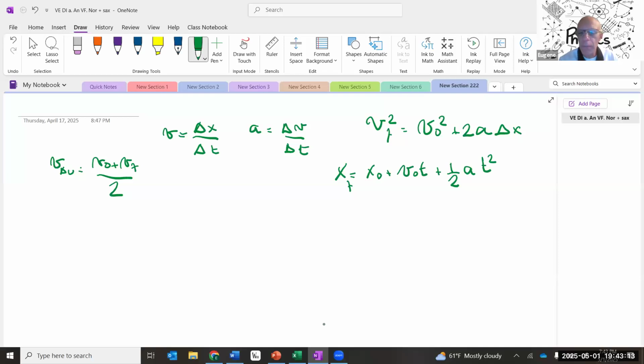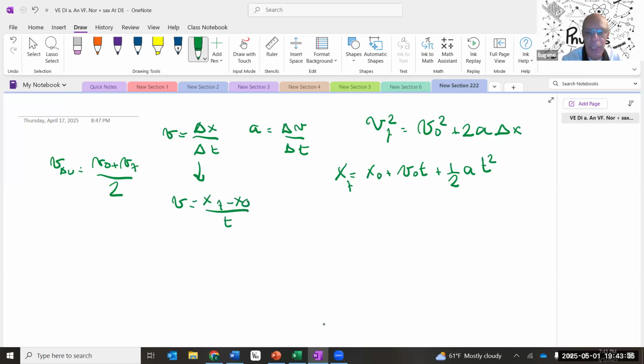And remember, if the acceleration is 0, that means the velocity is constant, right? Like from here, we know that v is going to be x final minus x0 divided by t.